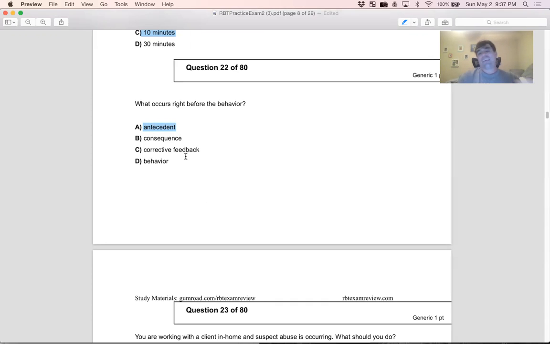But that's pretty tricky because motivating operations do occur before. But there's not always a motivating operation, right? We always have an SD, a response, and a behavior. Motivating operations would not always occur. But there is always an antecedent. So in that case, you're picking the best answer, which is antecedent. What occurs right before the behavior? An antecedent.